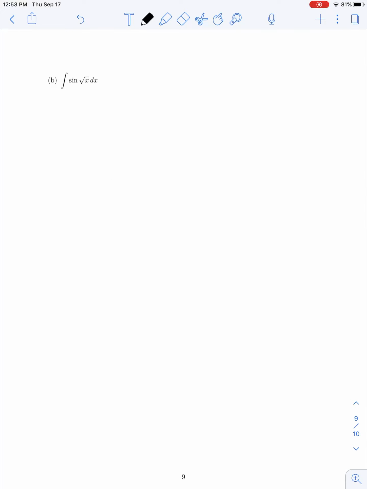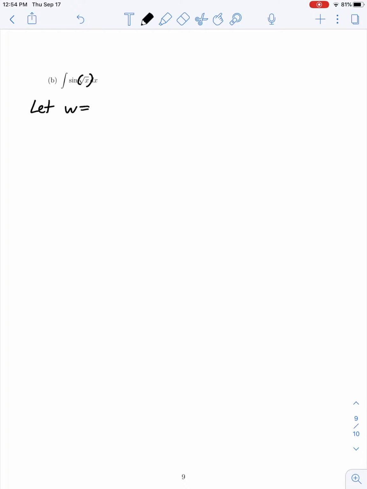In part B, we have the integral of sine of square root of x dx. So when I look at this, immediately I recognize that this is a composite function. It's not just sine of x, but sine of square root of x, which suggests that we should try a substitution.